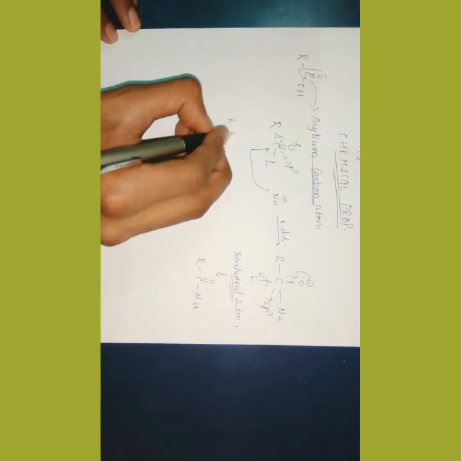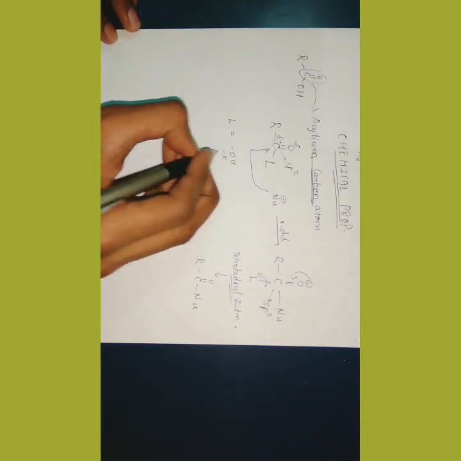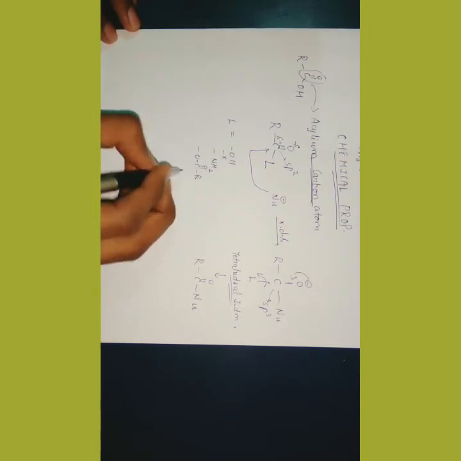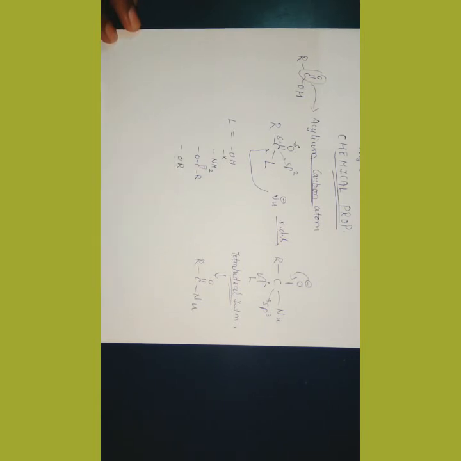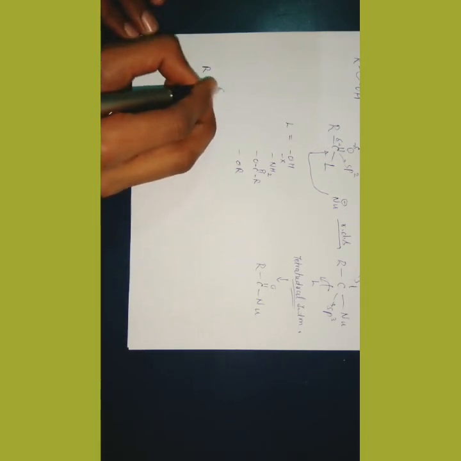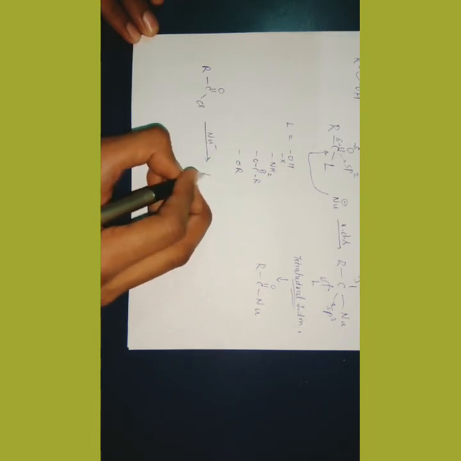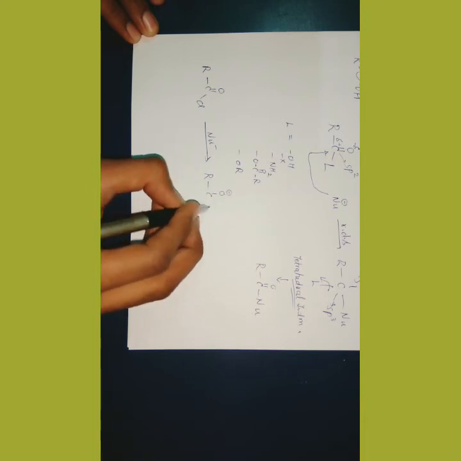Some of the best leaving groups can be taken as hydroxy, halogen, amine, anhydride, ester. These are some of the best leaving groups, and an example of this reaction is RC double bond O Cl treated with any nucleophile, it will give the tetrahedral intermediate, and it will form RC double bond O Nu plus Cl minus. This is an example of this reaction.